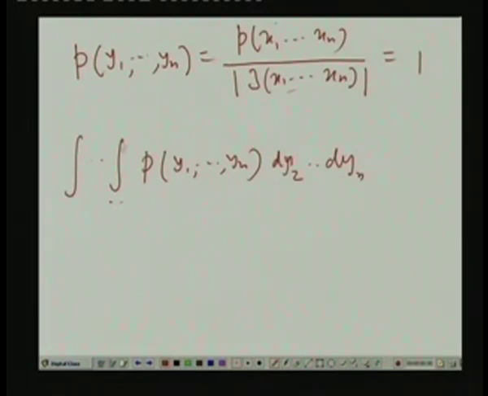Initially, you can integrate from minus infinity to infinity, but since outside the range 0 to 1 the probability density is 0, it is enough that we integrate from 0 to 1, 0 to 1.